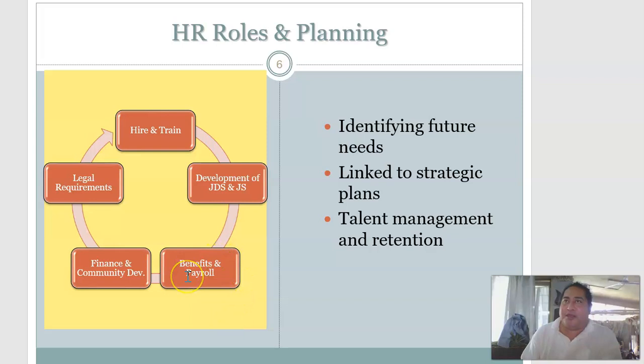What are the benefits? Would they get a house, a car? Do they have superannuation? Do they have health insurance or life insurance paid by the organization or coming from the employees? And what's the payroll like? What's the bracket that they're sitting on? Finance and community development. This is where social responsibility comes in.